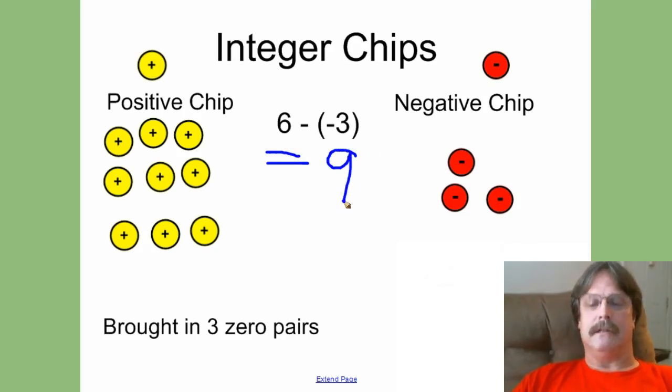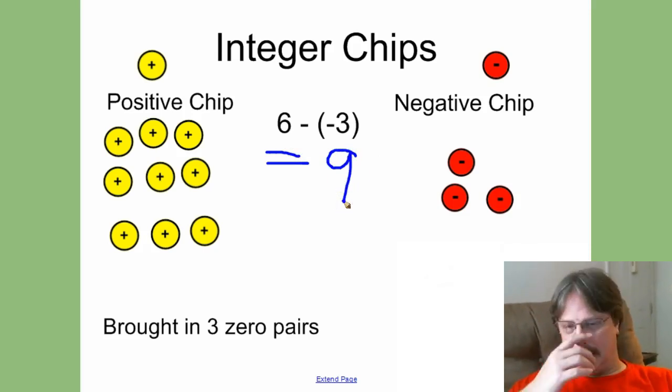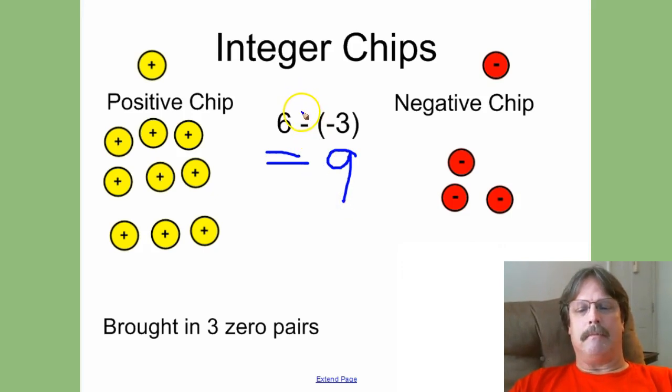Now let's look at how we see this on the number line. If you remember, I said in the 1.2 lesson that subtraction means you go left on the number line. But the second thing you have to look at is the sign in front of this integer. Do you have a positive or a negative? If you have a positive, you keep going in the direction you already started based on the operation.